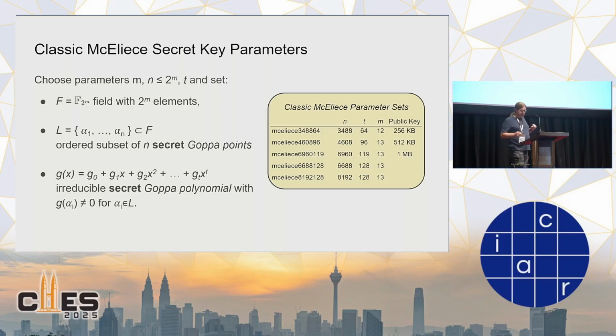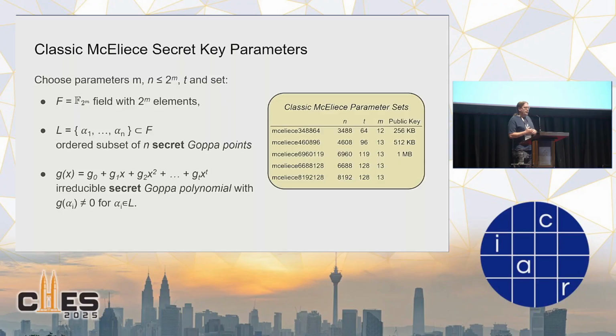Classic McEliece is defined by a couple of parameters. You need a field with 2 to the power of m elements, and then you have an ordered subset of that field, L. The size can be chosen for the public key size and security goal.